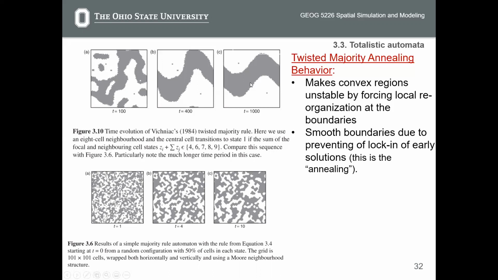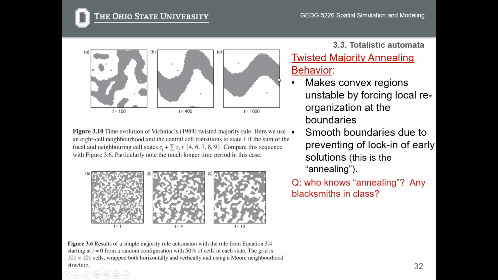If you compare to the stable state for twisted majority annealing, there is only one huge aggregation, one huge cluster with a relatively simpler shape.